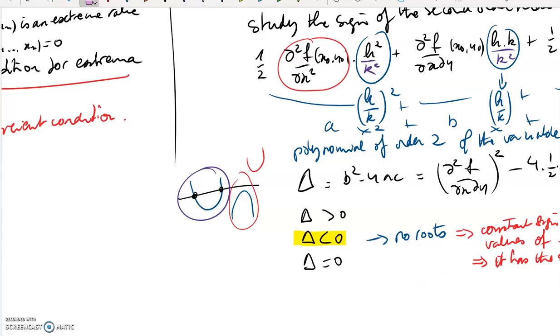Where we have roots, this is the one. We have a saddle point because sometimes it's going to be positive, and sometimes negative, depending on the relative values of h and k. We have a saddle point in that case. And when delta is equal to 0, we can't conclude.